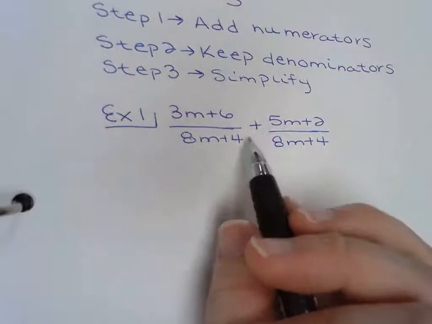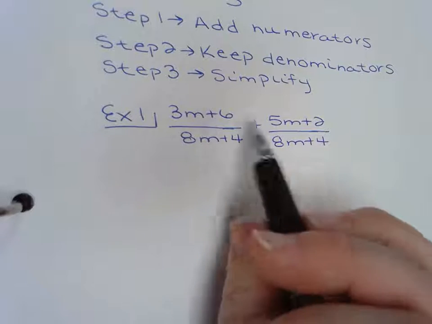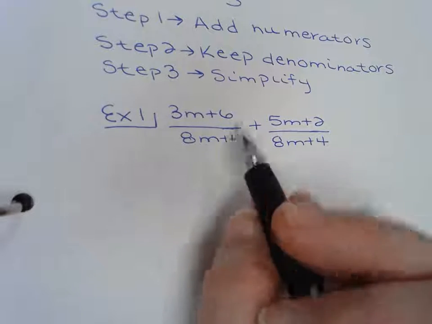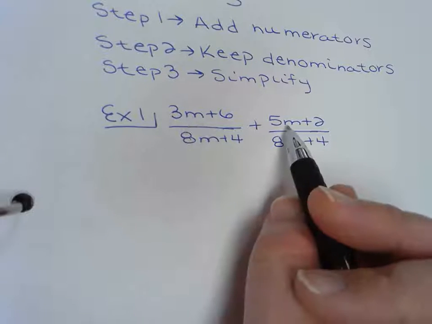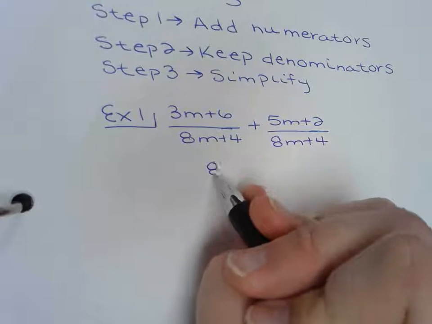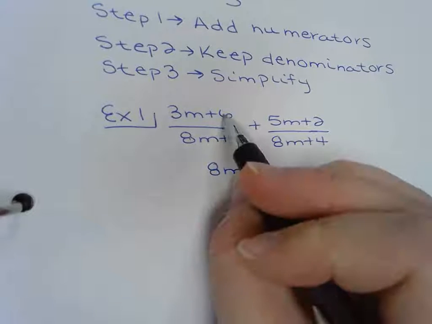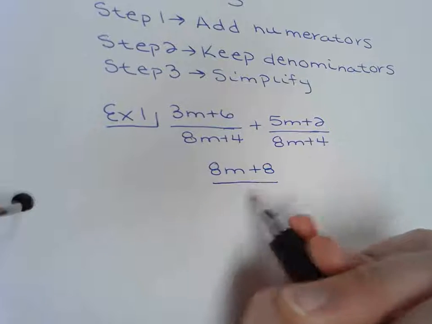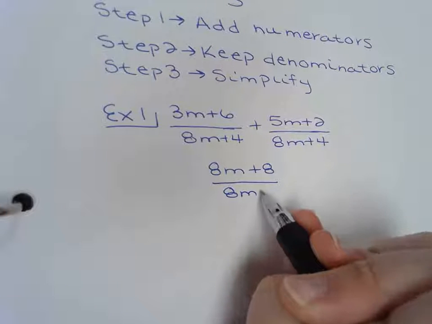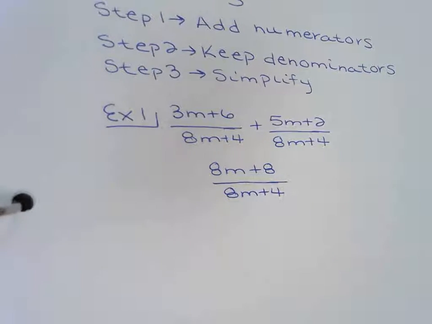You just combine like things in the numerator. What things can I put together in the numerator? 3m and 5m, which is 8m. 6 plus 2, 8. So you have 8m plus 8 over the denominator, which stays the same, 8m plus 4.